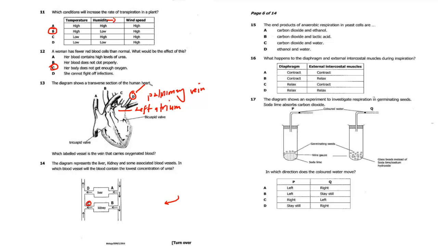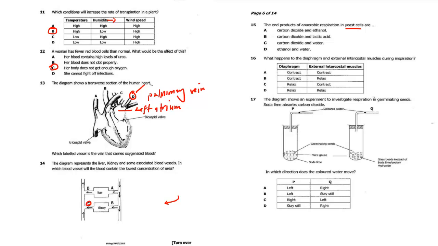Question 15. The end products of anaerobic respiration in yeast cells. So we have carbon dioxide and ethanol. Is it carbon dioxide and ethanol? Ethanol is produced here.